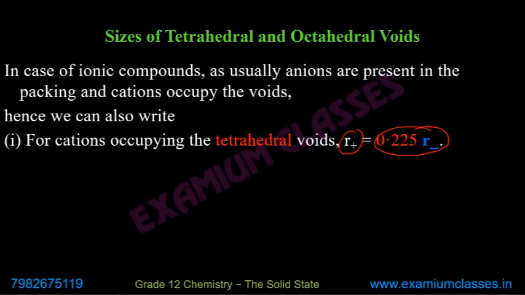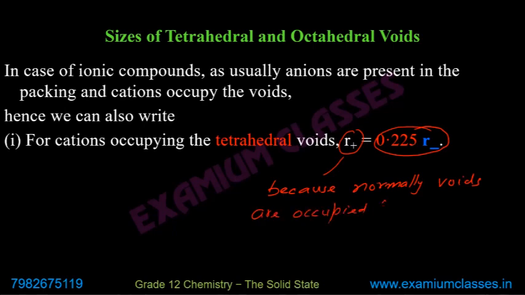Because I told you that normally voids are occupied by cations in ionic compounds, and the lattice is formed by anions. So capital R has been written as R minus.